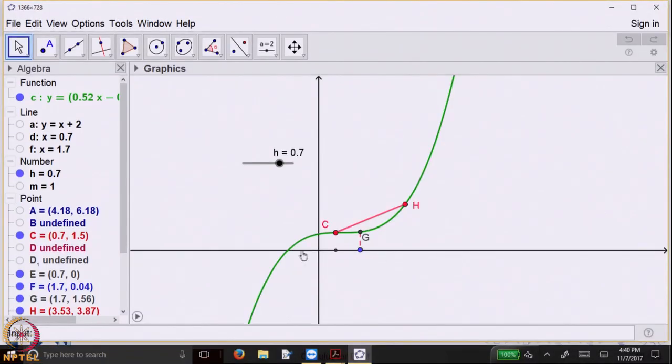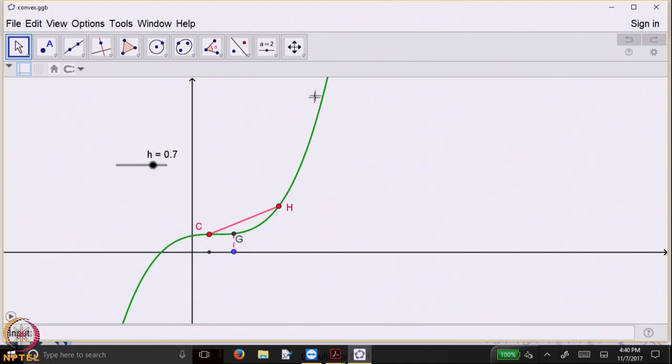So, here is the graph of the function. Okay. Now, what I have done is, because I want to understand this bending towards the x axis and bending away from the x axis, I have taken 2 points, say C and H, on the graph of the function, and I am going to move these points.